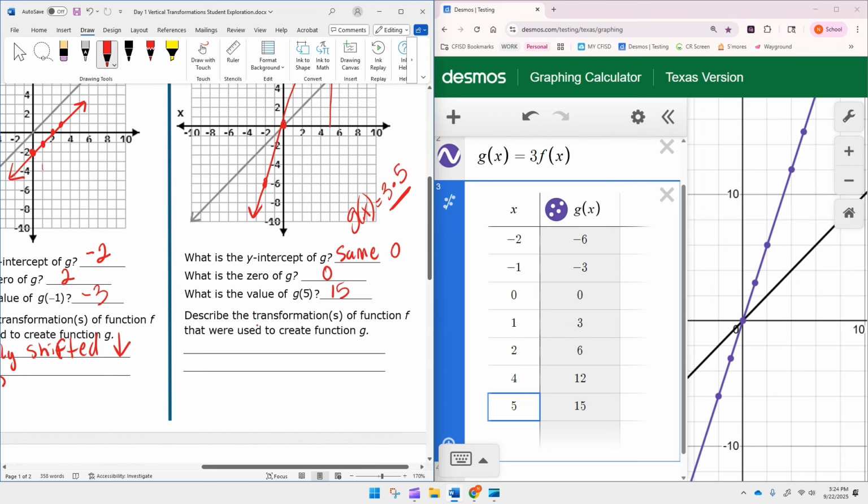So this transformation that we did here is we vertically stretched.